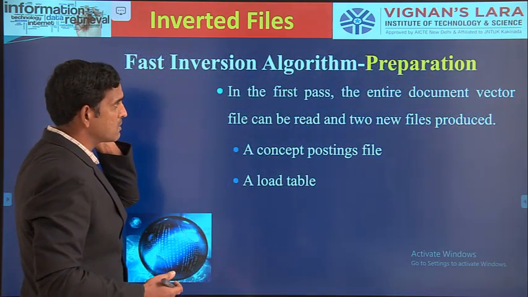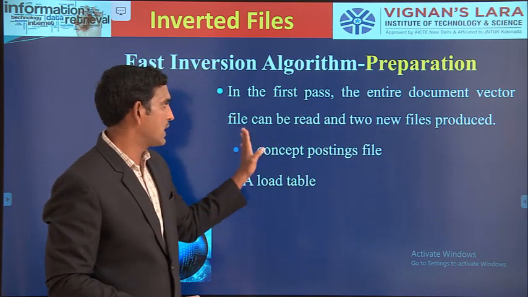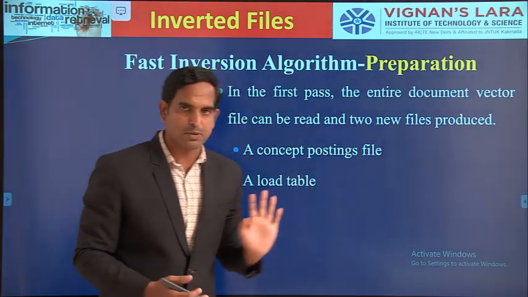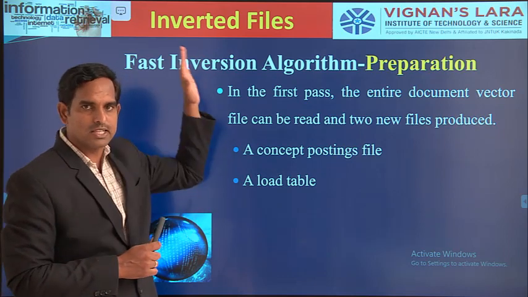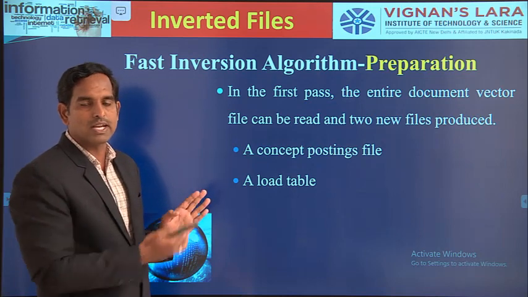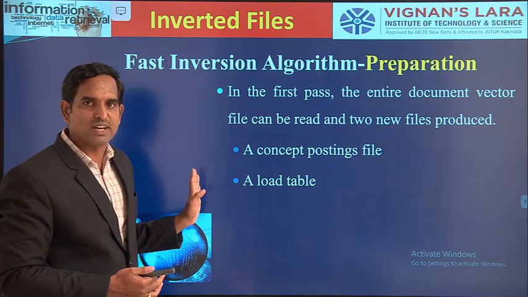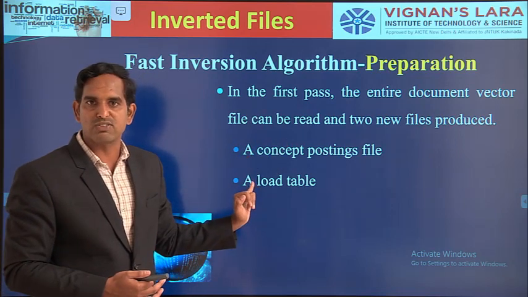The first step is the preparation process. In the first pass, the entire document vector file is read and two files are produced. As I told you, in the preparation process we take the document vector file, which is the input of your inversion algorithm, and create two new files from it.